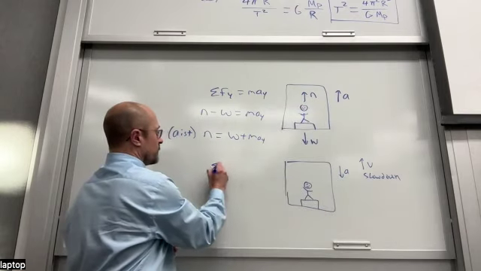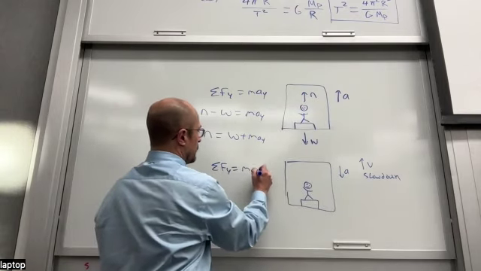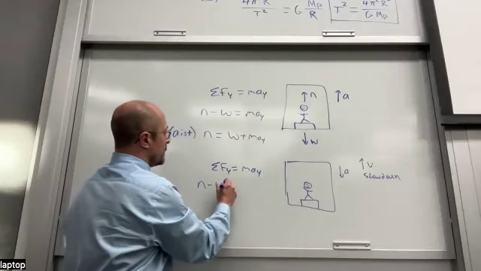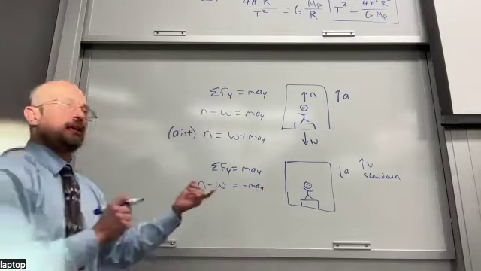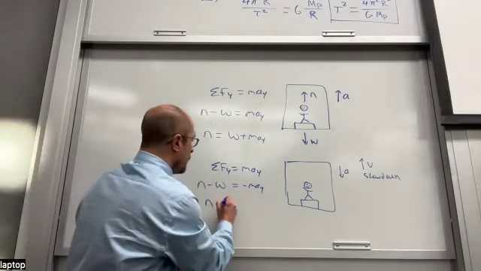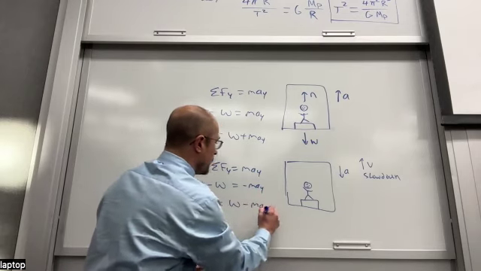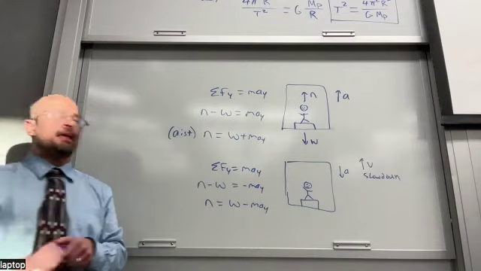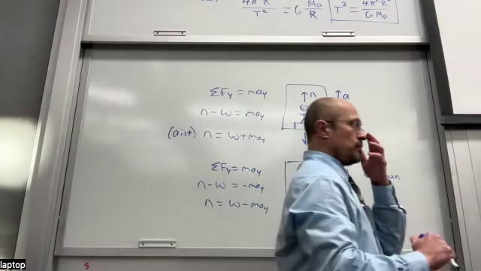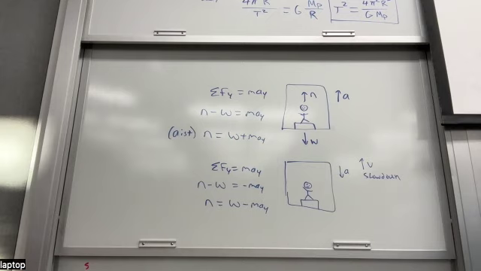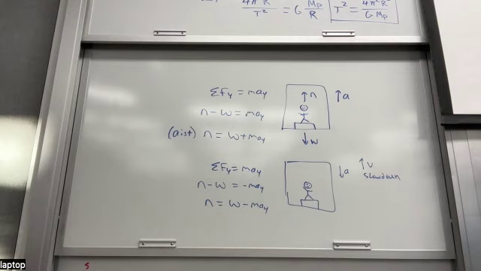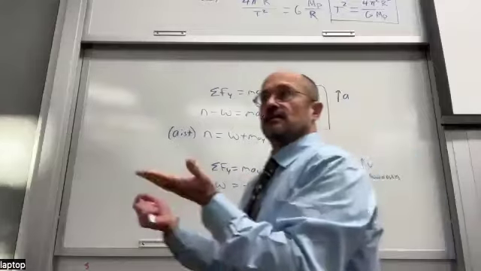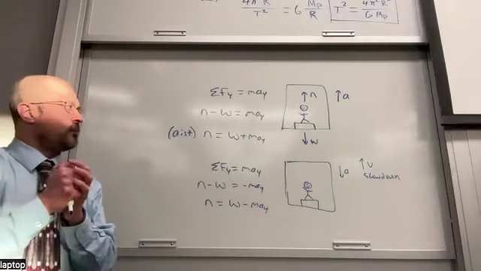So this time when you sum your forces in the y, you get m a_y, but you have normal minus W equals, in this case, negative m a_y. We're just assigning the negative to the a_y. And then we see it's W minus m a_y. You feel lighter. And then the third one is if you don't have any acceleration, like if you're moving at a constant speed, a is 0, and then you're just your weight.